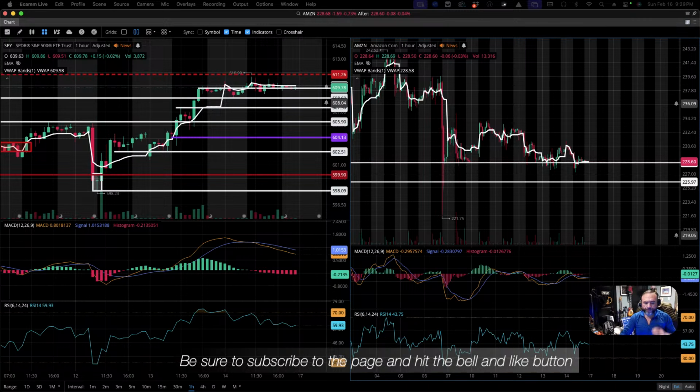Now, I want to show you something. When it's real wide like this, so this is like 608.60 to 610, I mean, it doesn't sound wide, but when it's blown up like this, you can see I had this rectangle.